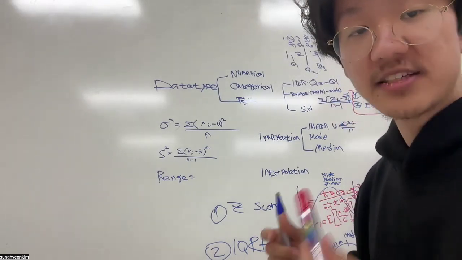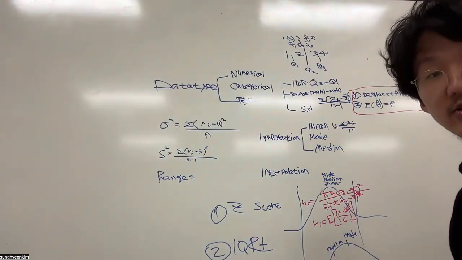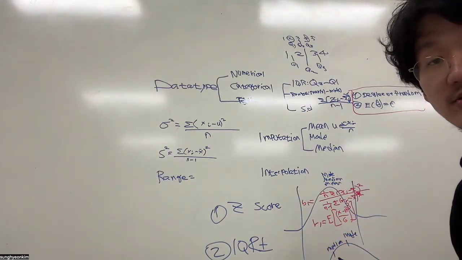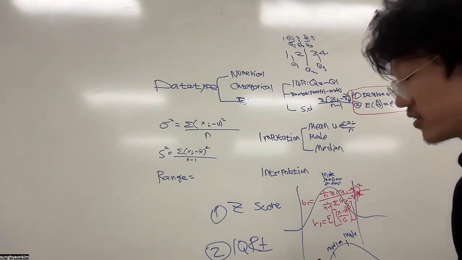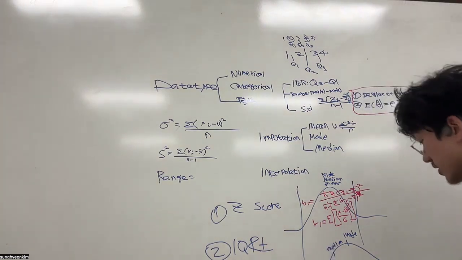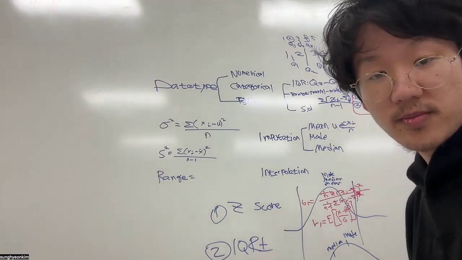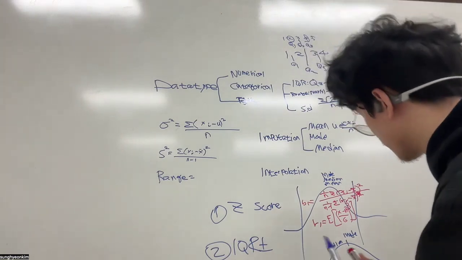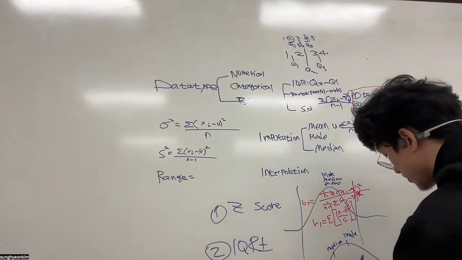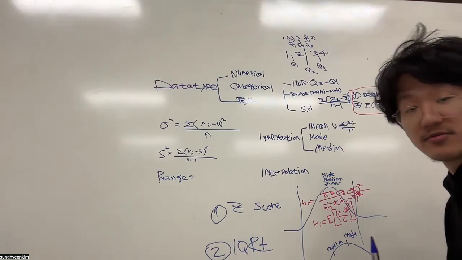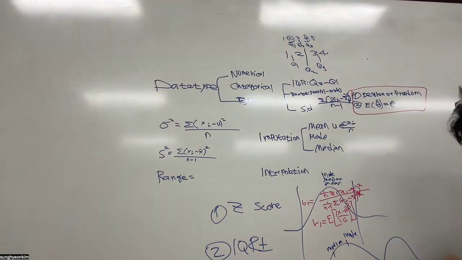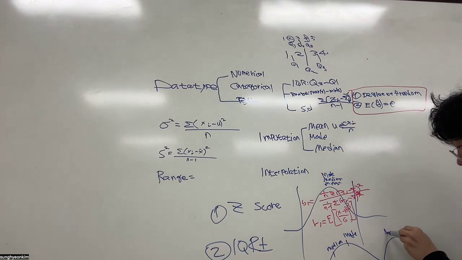And there is also positive and negative skew. This was left skew, and there's positive skew, which is mode, median, mean, and we call it positive skew.